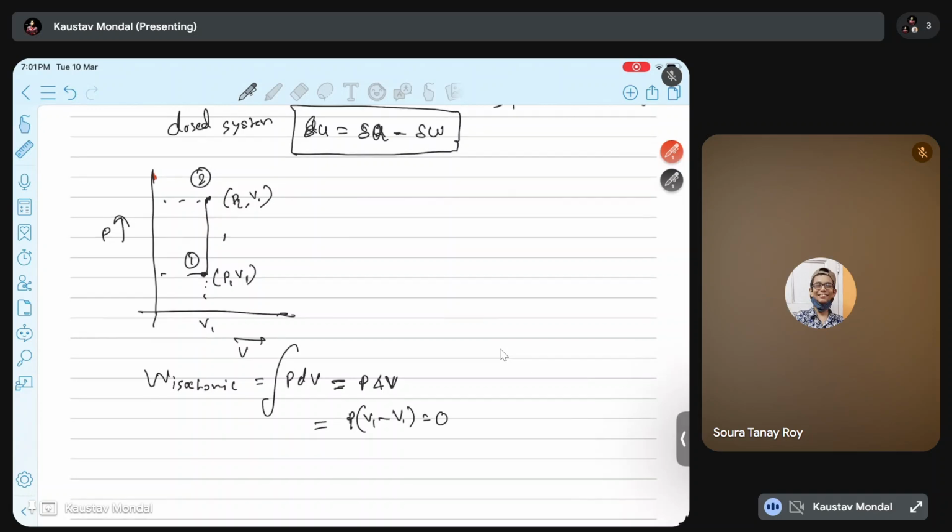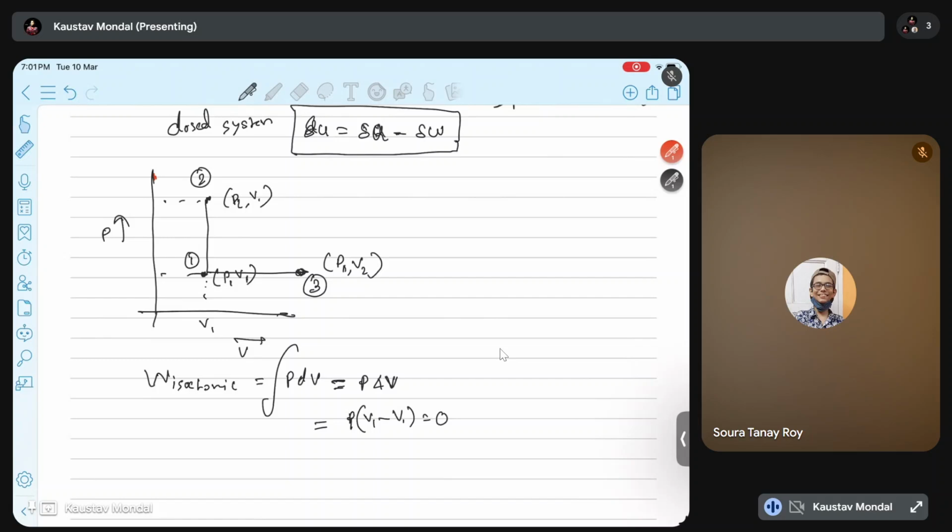Now for the isobaric case, let's suppose it starts from here to here, state 3, so P1 V1 to P1 V2.